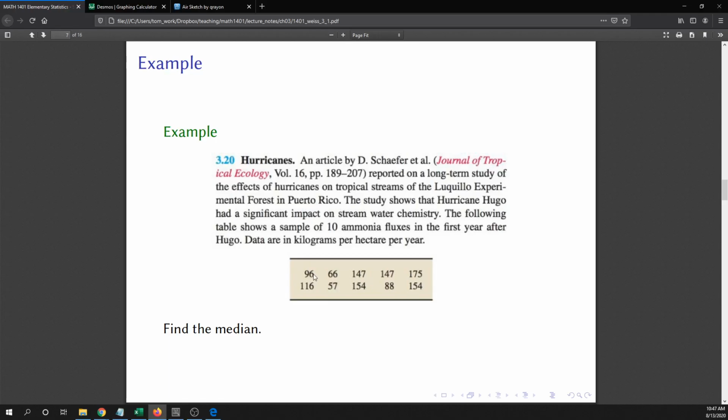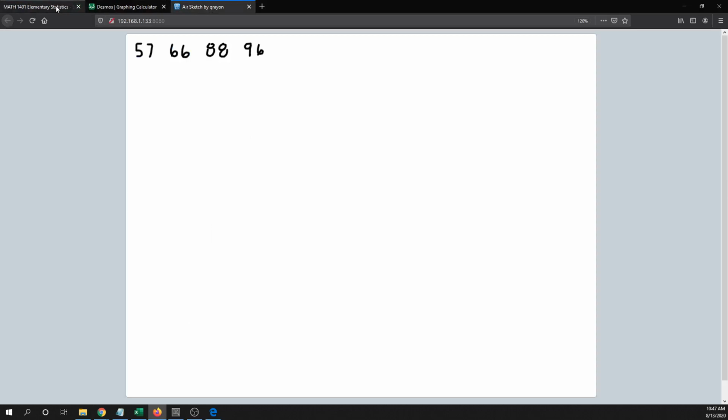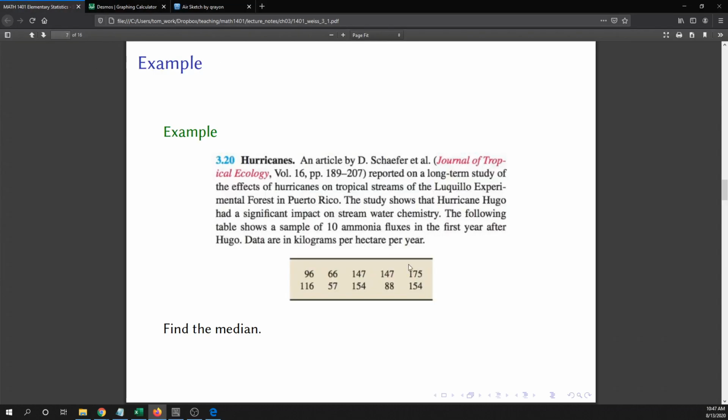All right, then 96. So I'm just writing these down in order. After 96 is 116, this one right here. Then 147, another 147.